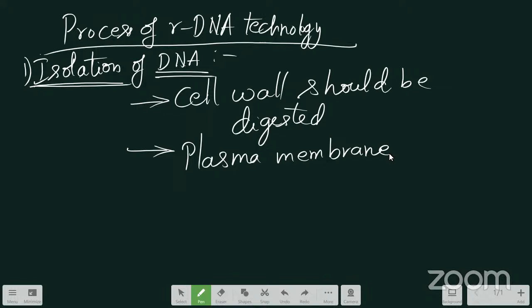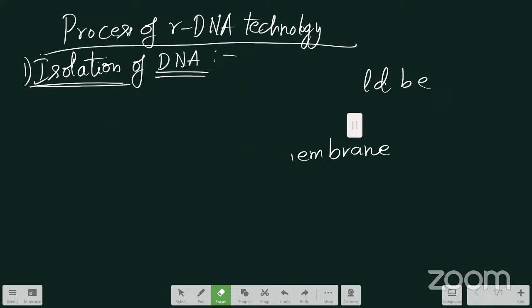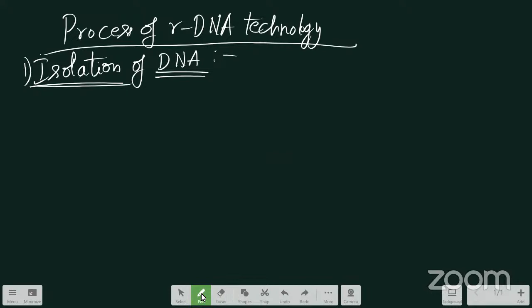Now here we are taking the cell from which we take the genotype of the organism, and the vector, where we have to transfer the recombinant DNA into the host cell, as well as the desired DNA from the organism we are taking to make the rDNA technology.